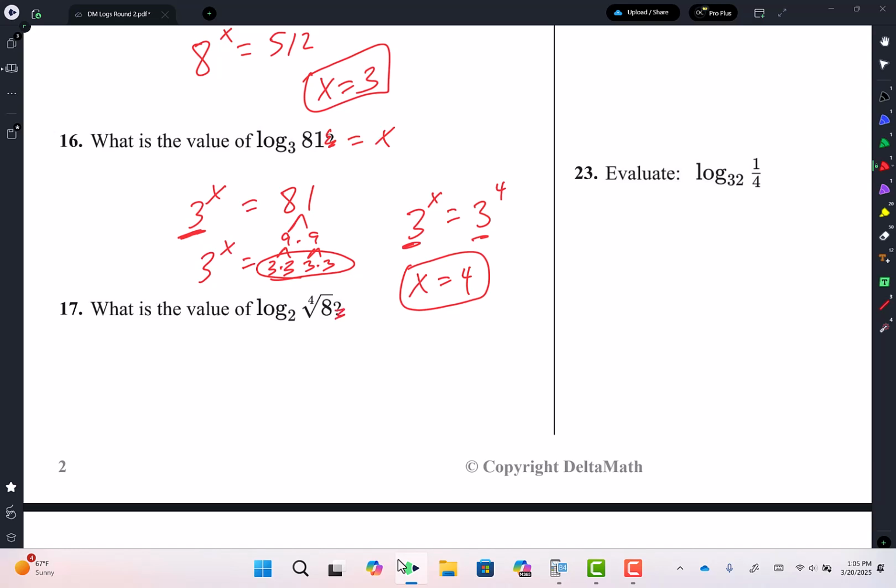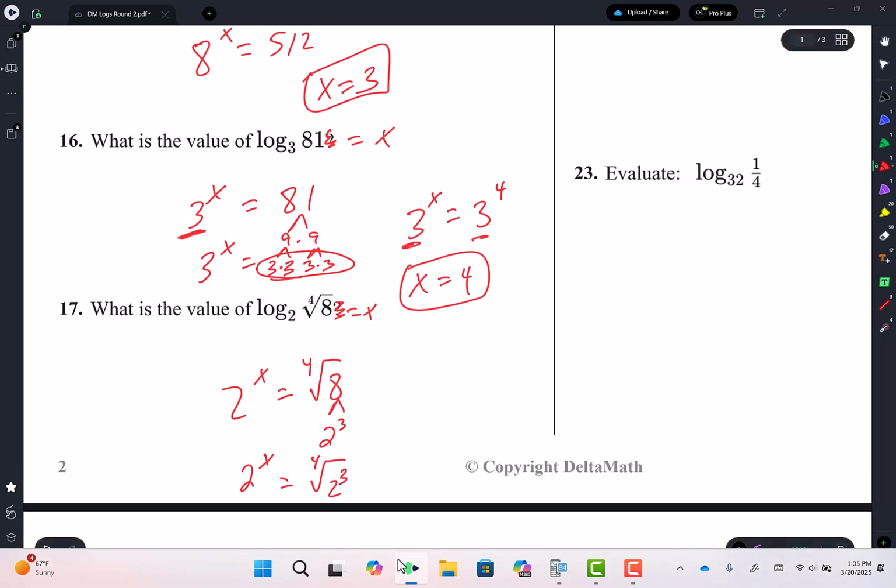So this one, equal that to x. 2 to the power x equals the 4th root of 8. Chop, how are you going to do this one? Like this. I'm going to turn that 8 into 2 to the power 3. And then we're going to do the radical thing, turning the radical into an exponent. See? So remember yesterday or 2 days ago, we said the nth root of x to the power m is the same thing as x to the m over n.